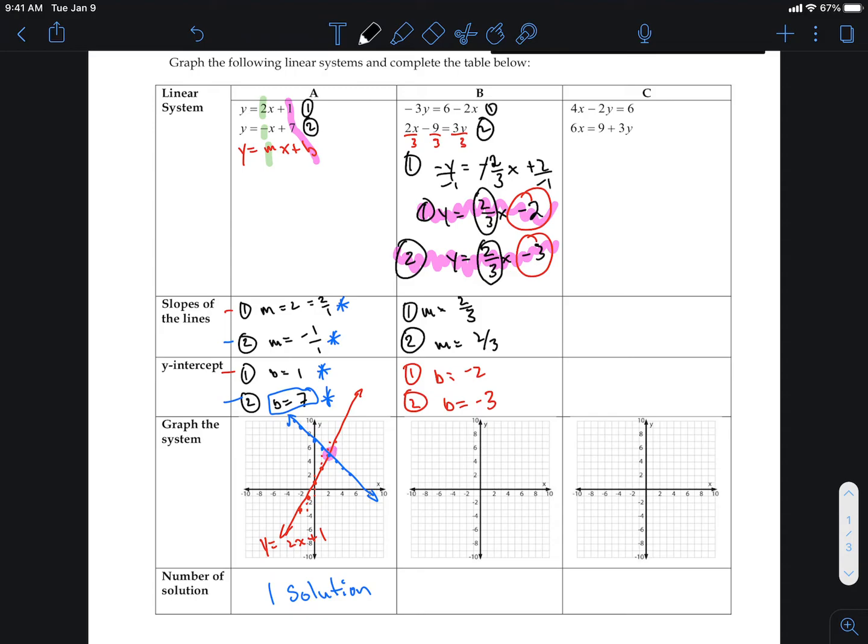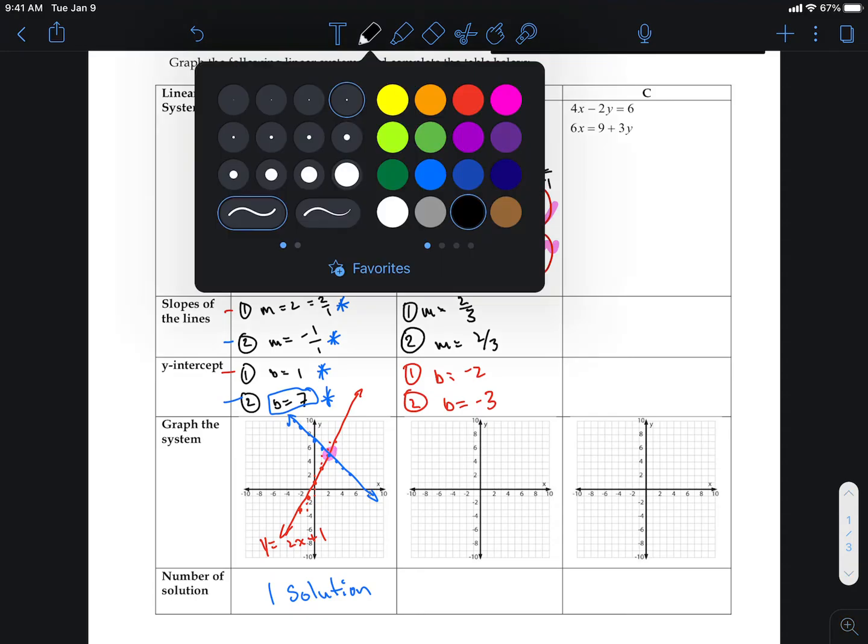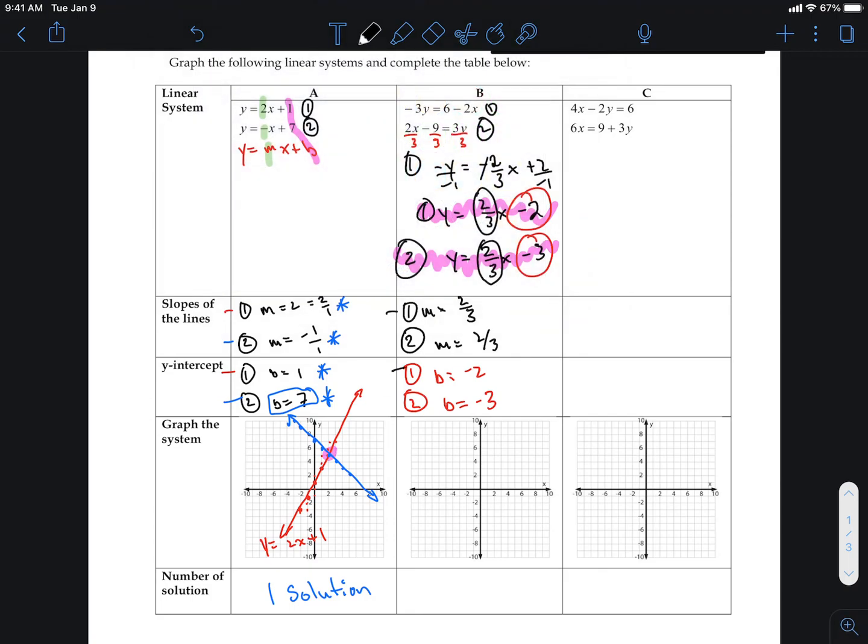So in the first one, okay, I'll do it in black. We're going to start at -2, and we're going to go a slope of 2 over 3, up 2, right 3, up 2, right 3. Okay, you get the idea. And in the second one, I have a y-intercept of -3.